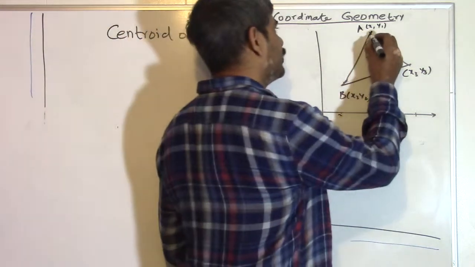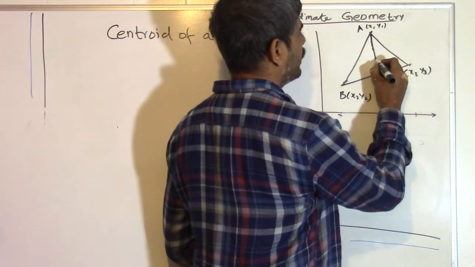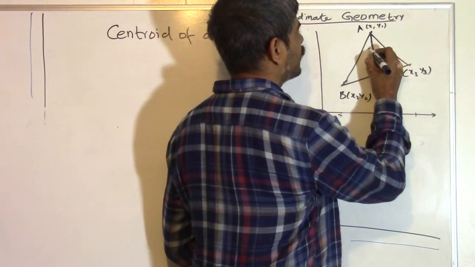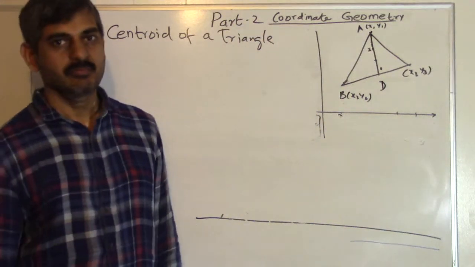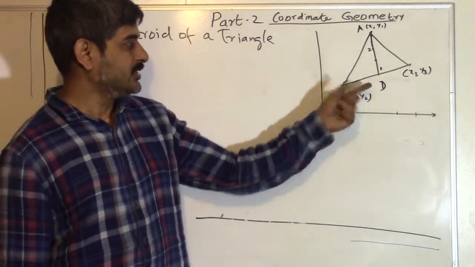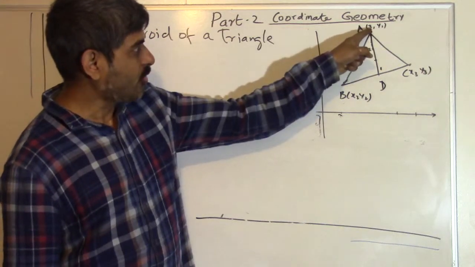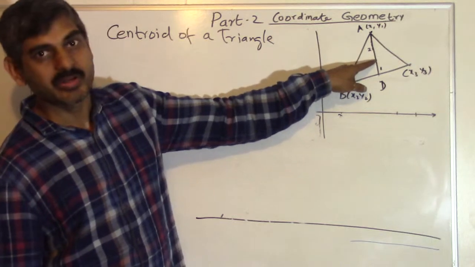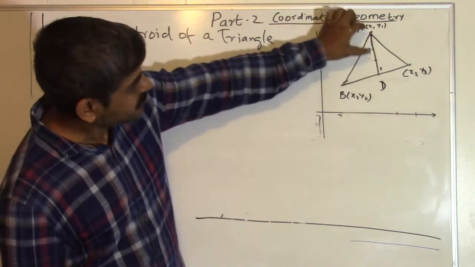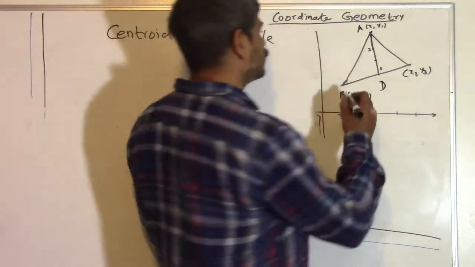What I am trying to do is find a point here that divides this line in the ratio 2:1. This point D is such that this ratio is 1:1, and then I draw the line from the midpoint, and I'm trying to find a point here which is in the ratio 2:1. Then I can also do the same thing.